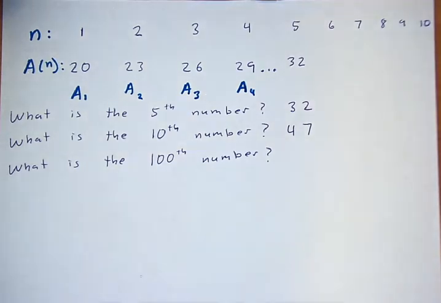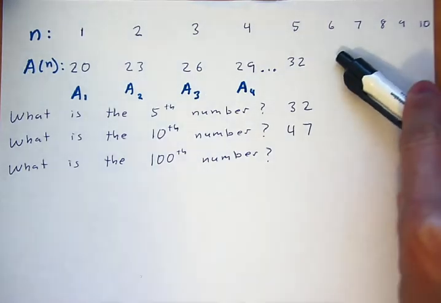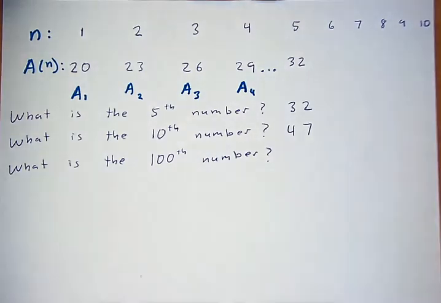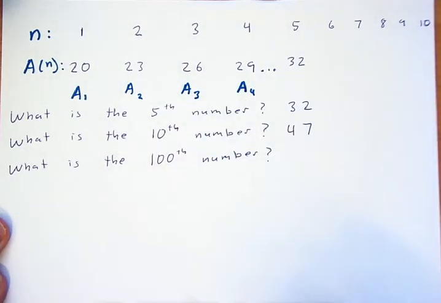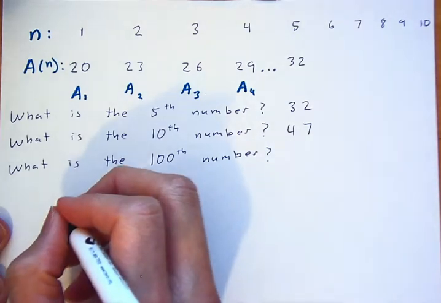Now, instead of writing it like this, I'm going to put this into a table, just because in previous math classes, I know you've seen things like this in tables before, so I'm going to make it look familiar to you.